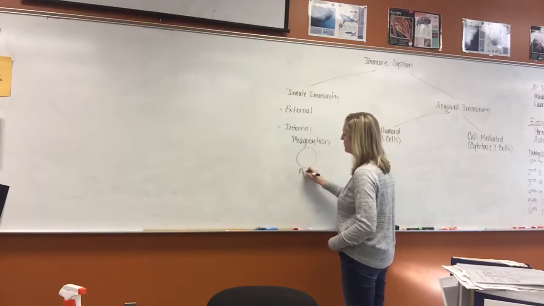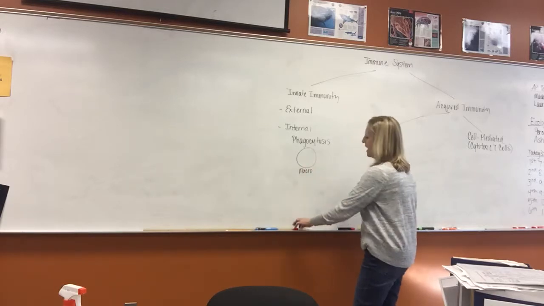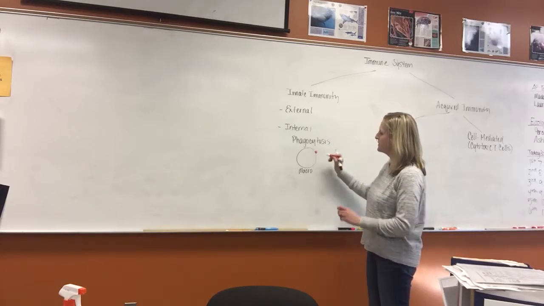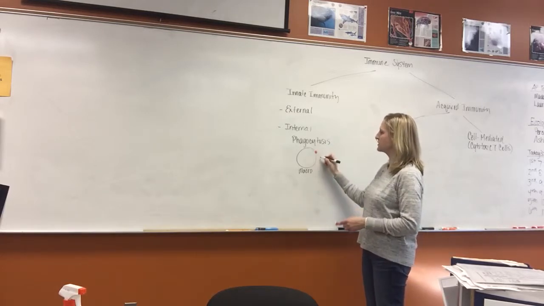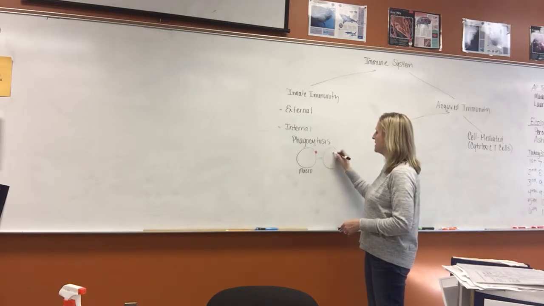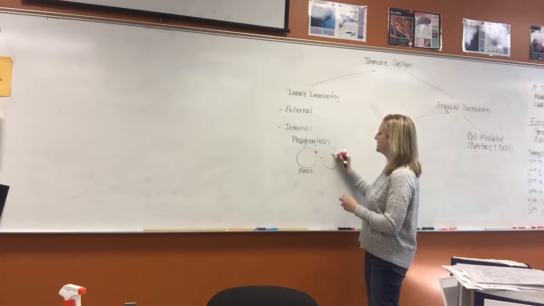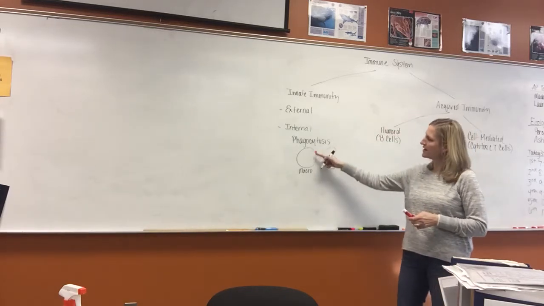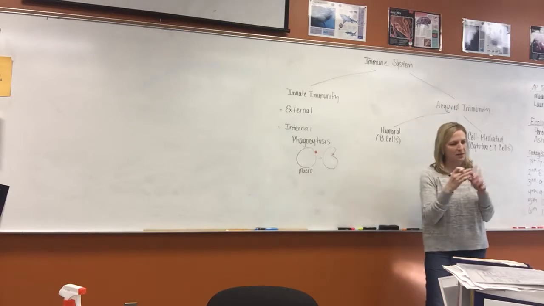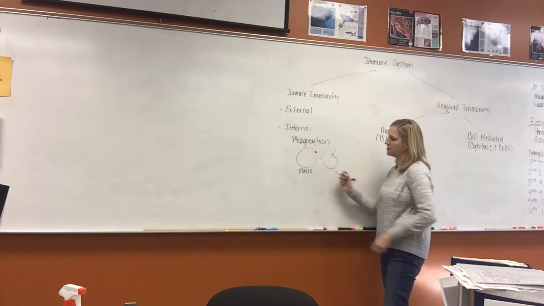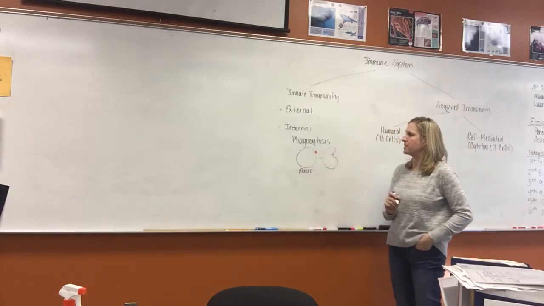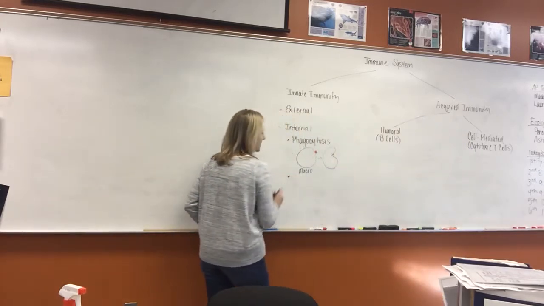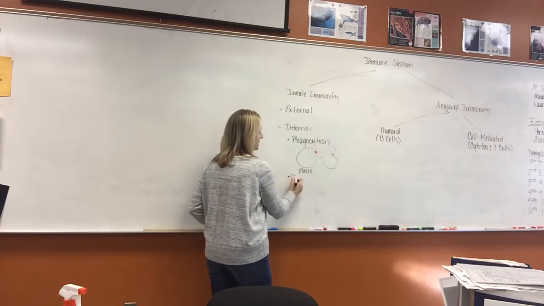The pathogen binds to the surface of the macrophage and induces phagocytosis. So what does that mean? The membrane's going to indent around it, take it in and destroy the pathogen. That is a little bit of cell signaling, with the pathogen interacting with the surface of the macrophage.